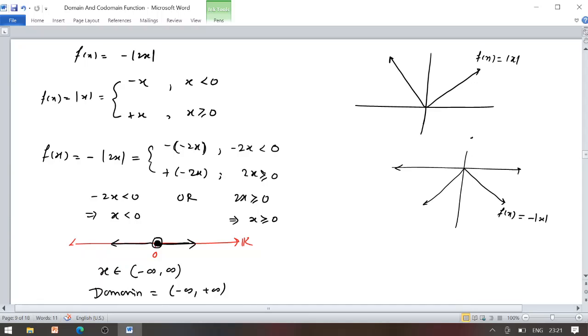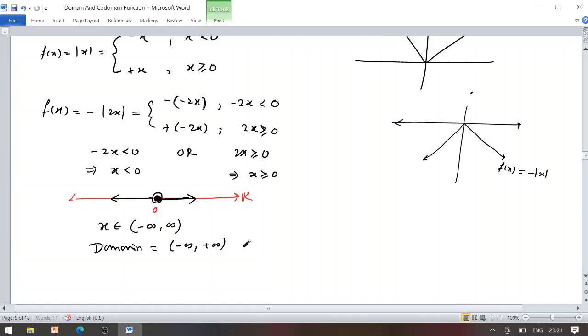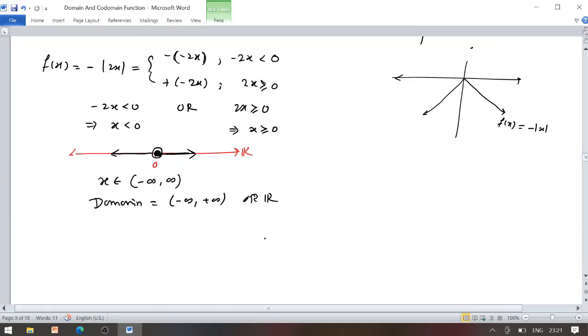Now for finding the range, the set of all real numbers is the domain. We have the first inequality of the form x strictly less than 0. That implies twice x is strictly less than 0. That implies minus of twice x is greater than 0.